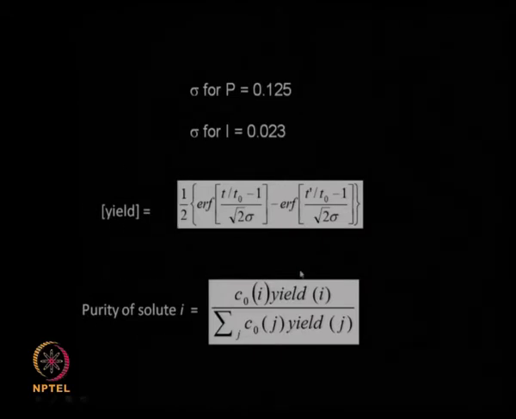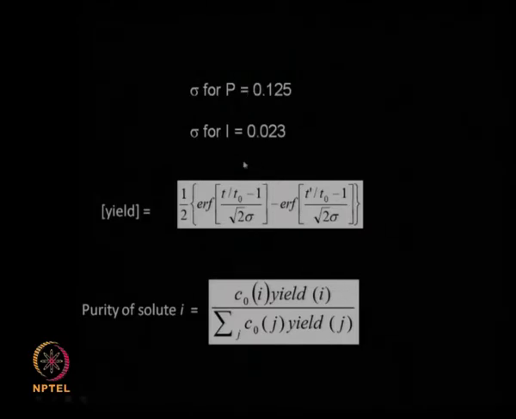And the purity in this two component system is going to be concentration maximum into yield divided by summation of the concentration yield for component 1 and concentration yield for component 2. So this is a two component system, okay.